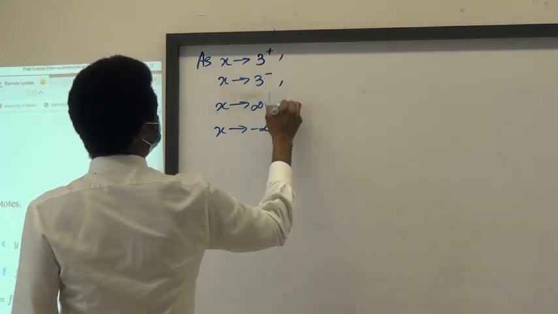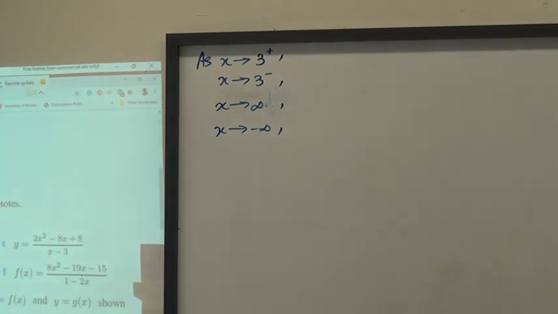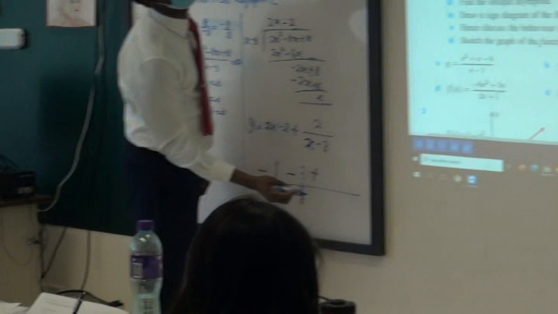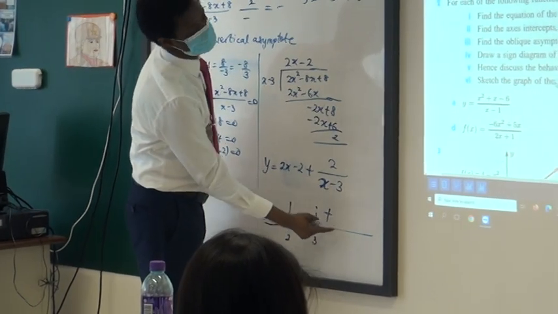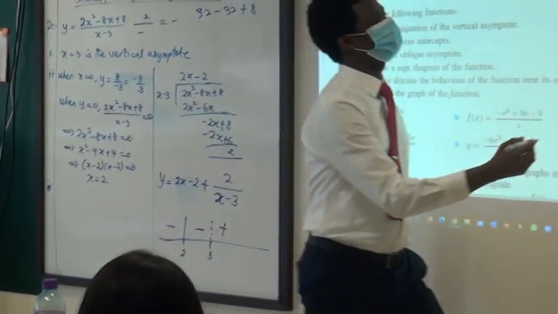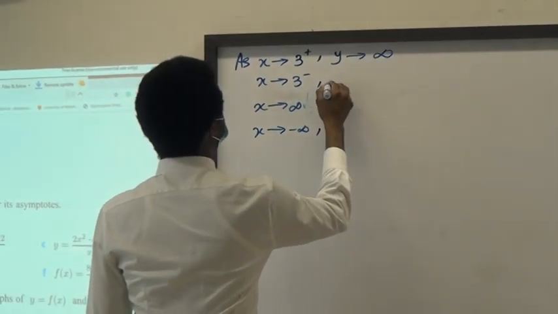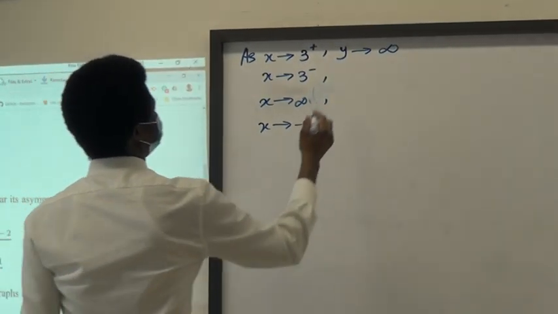So what happens to y? When x tends to 3 from above, is the graph positive? Yes, so y tends to positive infinity. What about from below? Then that's negative.